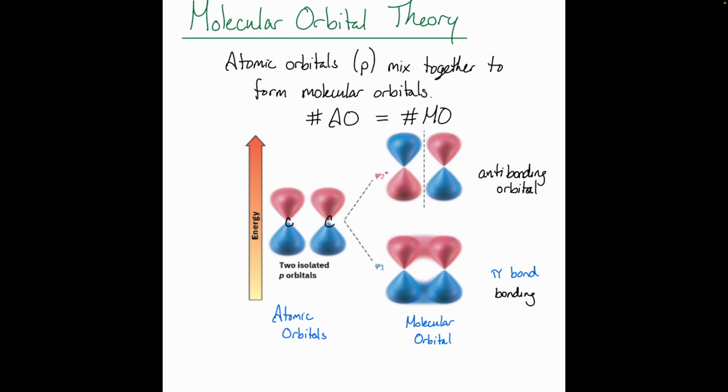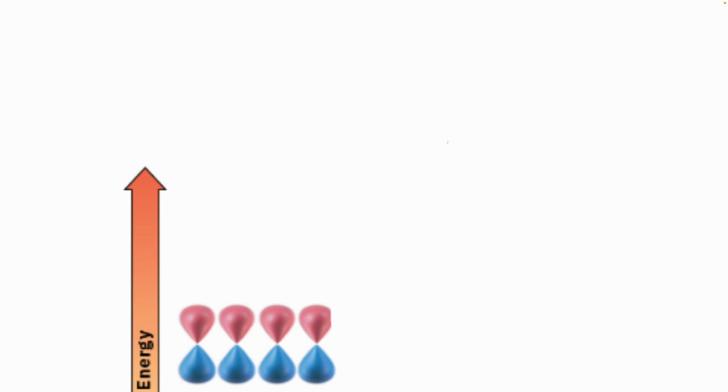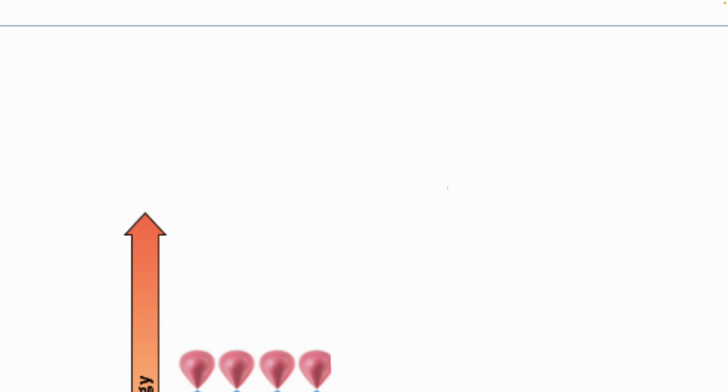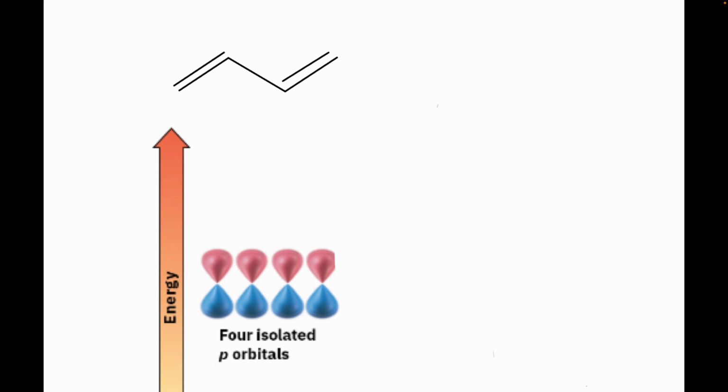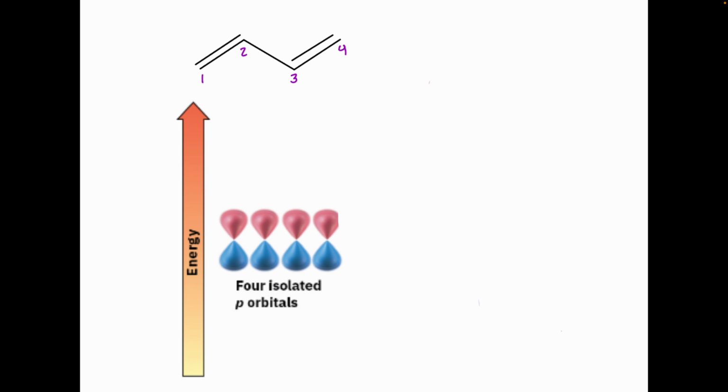But now let's look at one of our conjugated dienes. Now we don't just have 2 p orbitals in a row, we got 4 p orbitals in a row. All right.